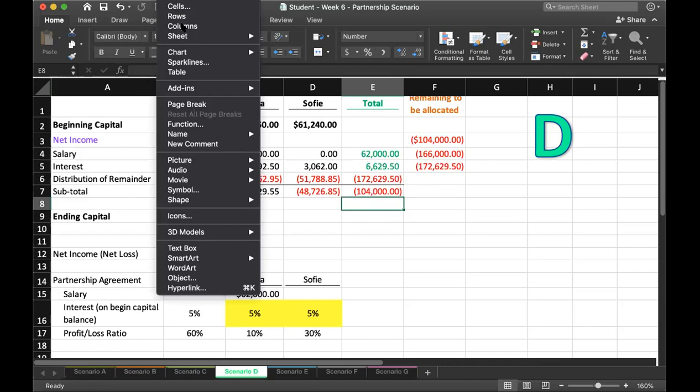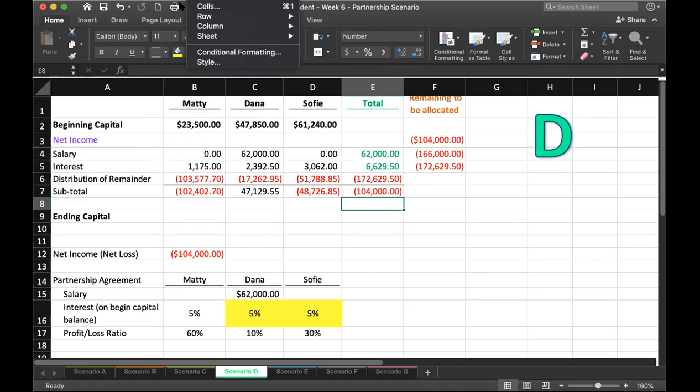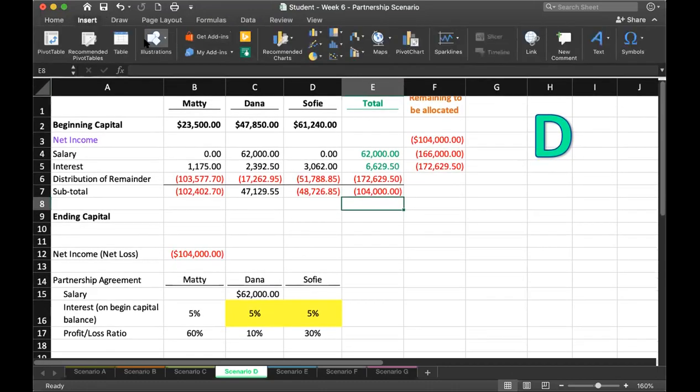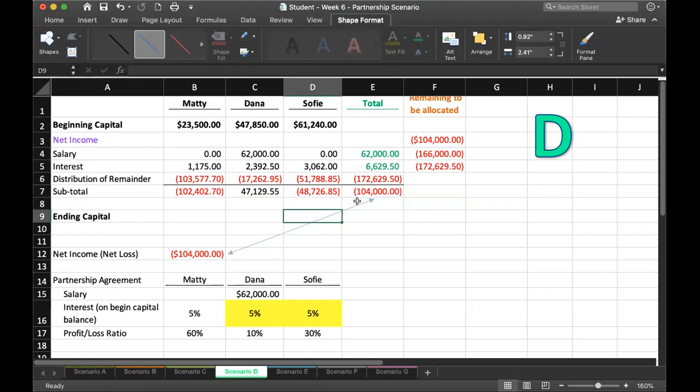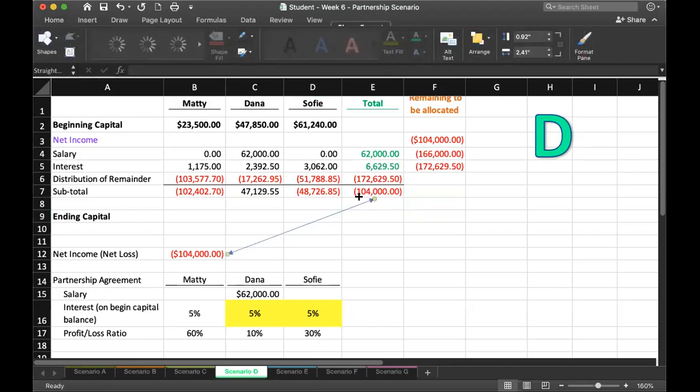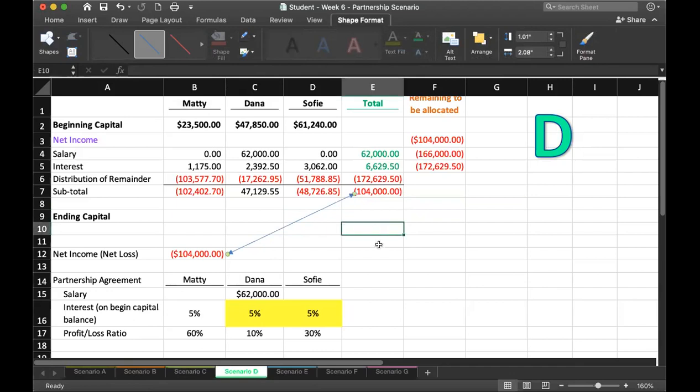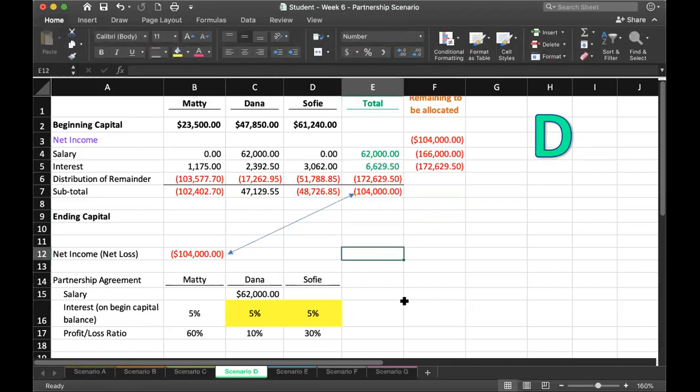And since I have the net income in two places, I want to insert a line with some arrows. But this time I'm going to go a little bit different. All right. The net income, net loss is exactly the same.